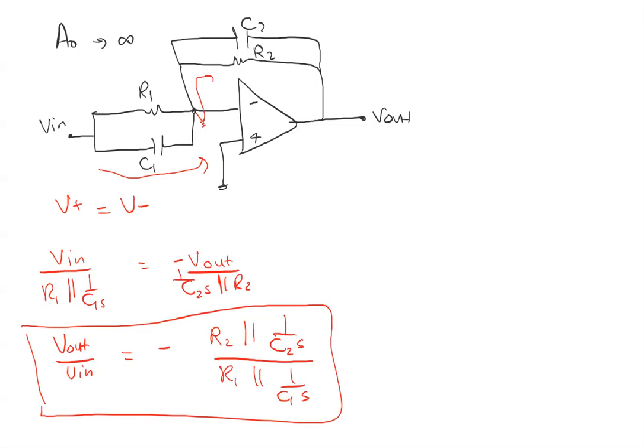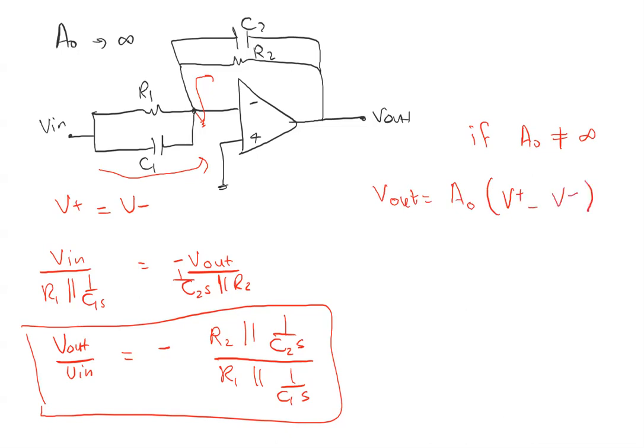Now, just one point here. In most of the examples, we are assuming A0 to be infinity, and we're finding the gain in that case. If A0 is not infinity, you will go back to the relation that V out equals A0 times V positive minus V negative.